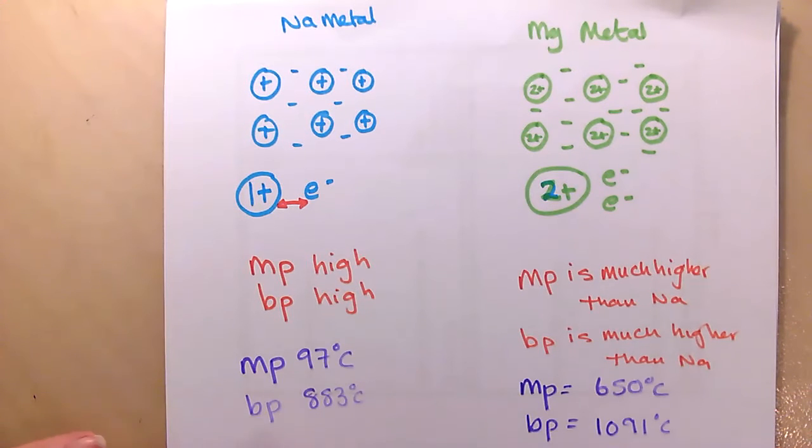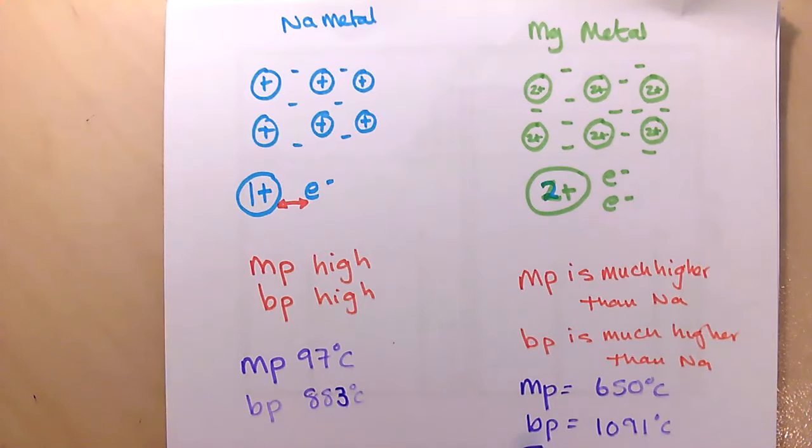Okay, so I've put in the melting and boiling points for sodium and for magnesium. We can see the melting point of sodium is 97 compared to magnesium, which has a melting point of 650, massively higher. The boiling point of sodium is 883, which is what we would suspect because sodium is a metal, and it is a quite strong bond.